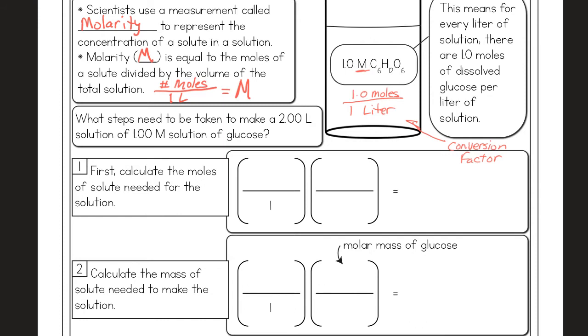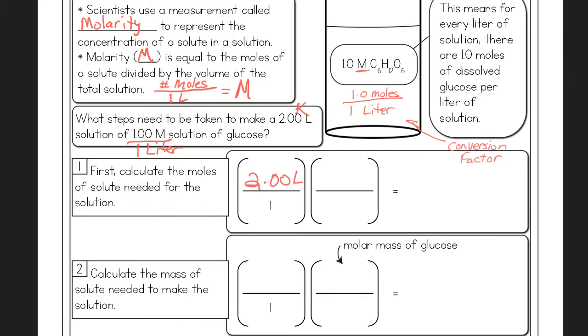The first step is to calculate the moles of solute needed for the solution. This is going to be my conversion factor, 1 liter. This becomes my known, so I'm going to start off with 2.00 liters. That's what I want to make up. Now I'm going to use my conversion factor.